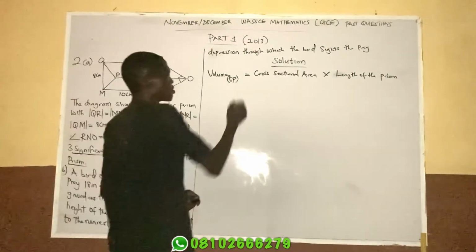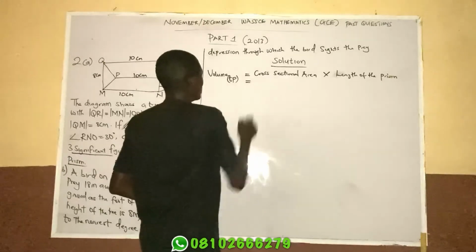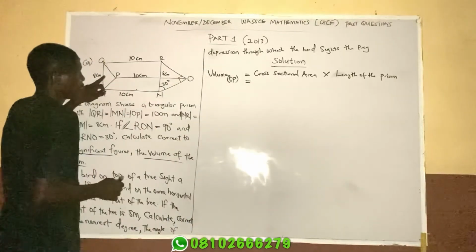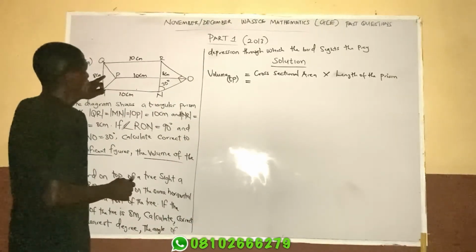Now, for the cross-sectional area of the triangle, we have to consider the type of triangle we want to use here.